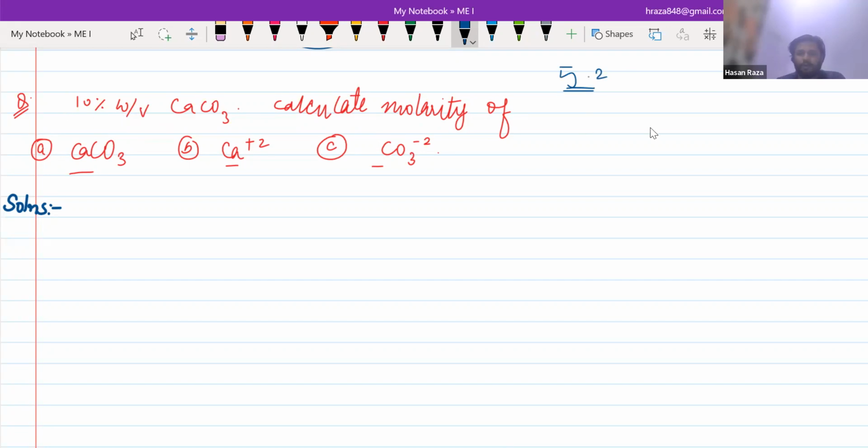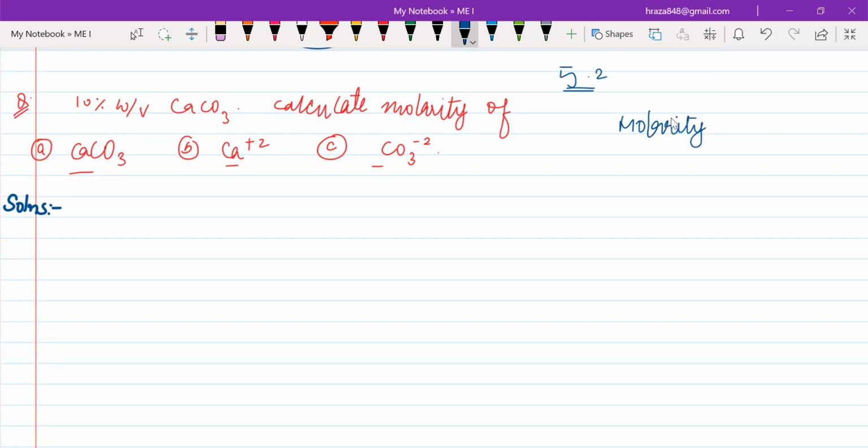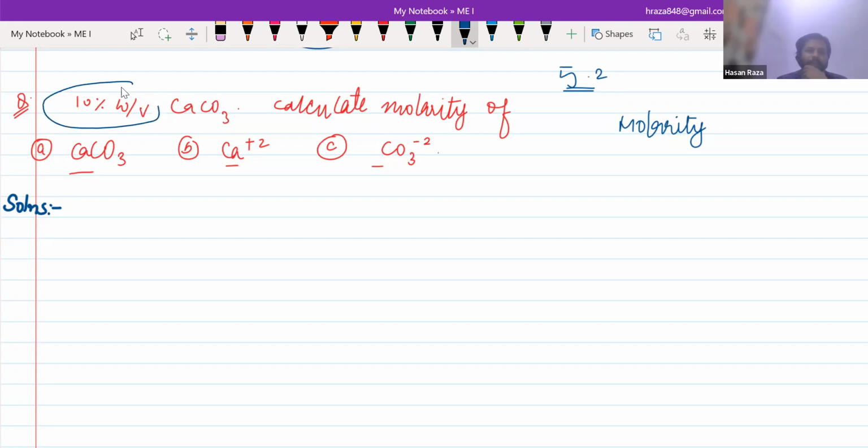What is the formula for molarity? Number of moles by volume of solution in liters. Okay. So from here we can conclude that 10 gram of calcium carbonate is present in 100 ml of solution, right?